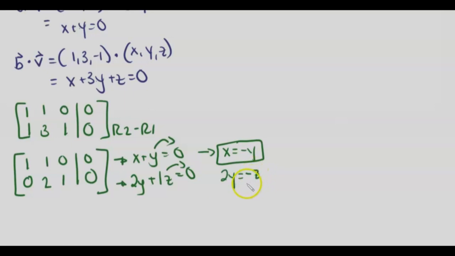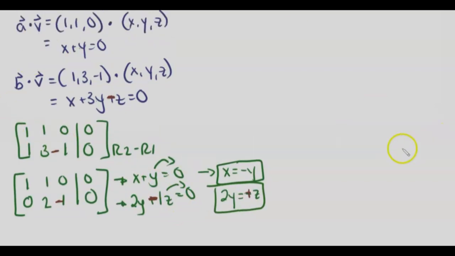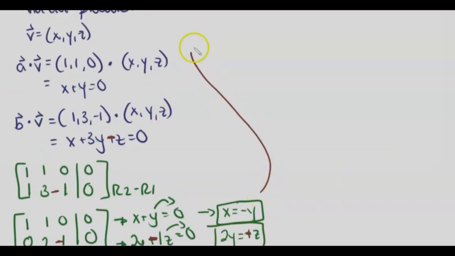Sorry, this was negative, negative, negative, so that's going to be positive z. Now, since all of x, y, and z can be expressed in terms of y, let's bring this up here.